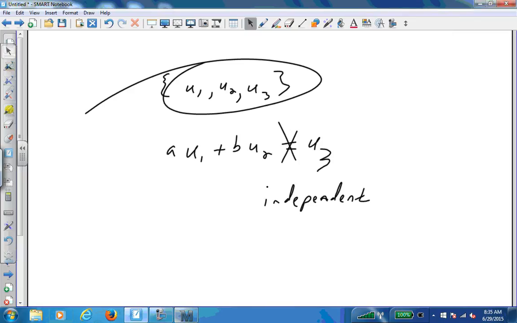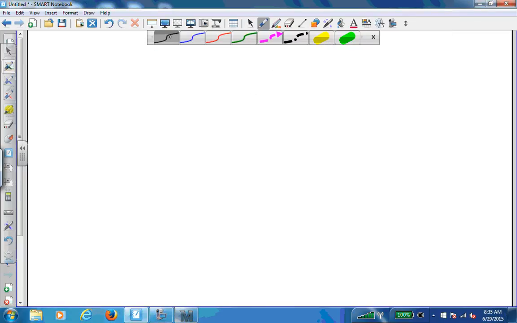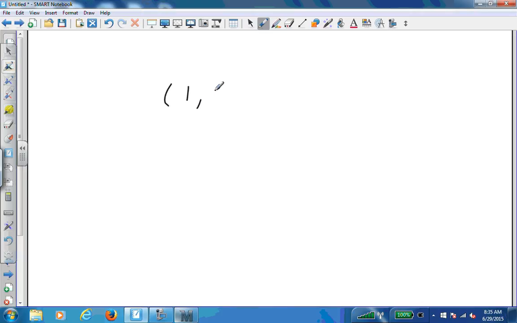Now, if we have a set that's only made of two vectors, it's really easy to see whether they're dependent or independent or not. If we have the vector 1, 3, and 2, 6, if there are only two vectors in our set, the only way they could be dependent is if one is a multiple of the other.